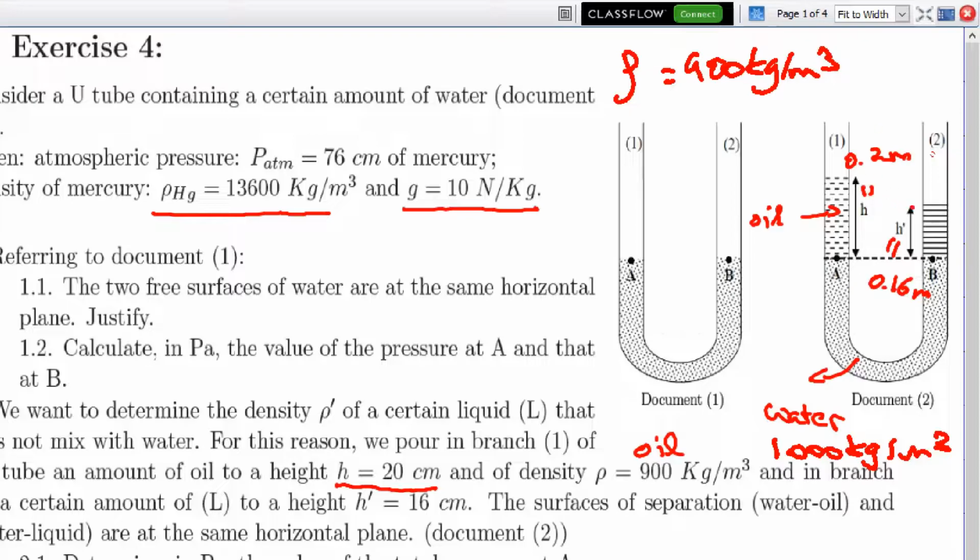However, as for the liquid L, we have determined its density to be 1,125 kilogram per meter cube. Comparing this density with the density of water, this liquid is more dense than water, which means that this liquid will not float on the surface of water. So the water will float on the surface of this liquid.